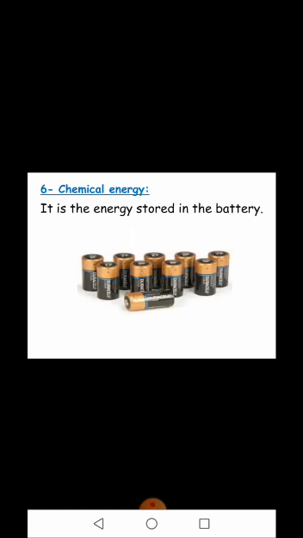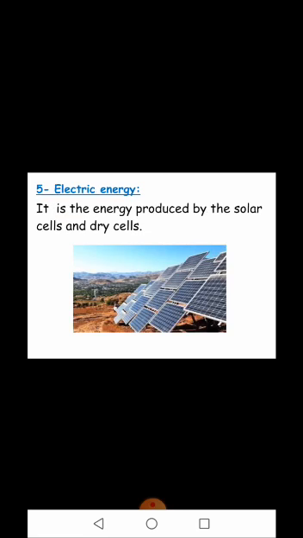Number 6, chemical energy. It's the energy stored in the battery. And focus here, jr4. Chemical energy is stored in the battery. But the electric energy is produced by dry cells, that's called battery.